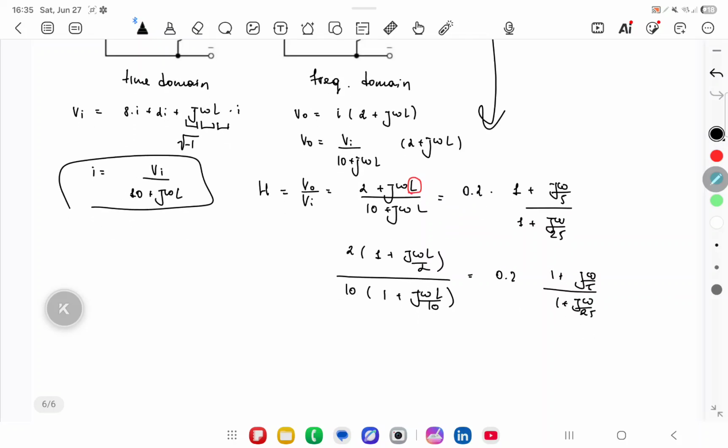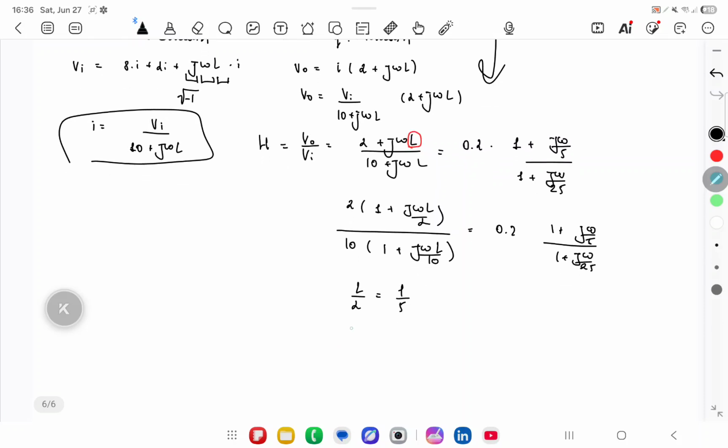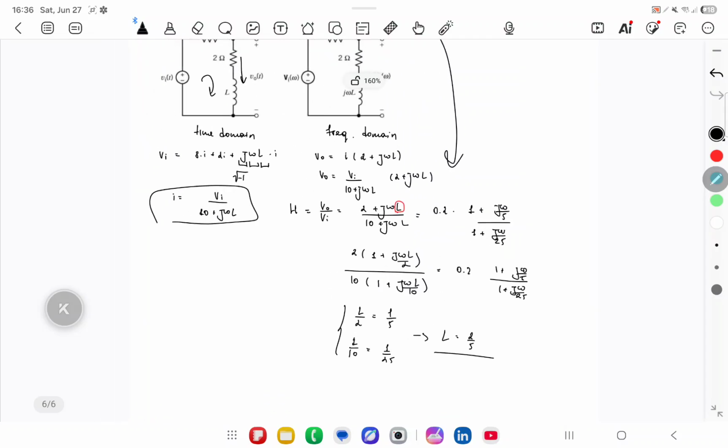We may simply take one of the values, let's say L over 2, and equate it to 1 over 5. As well we can take L over 10 and equate it to 1 over 25. Please notice that these two give the same L, which is essentially equal to 2 over 5. So we found what we wanted, and the answer is 2 over 5.